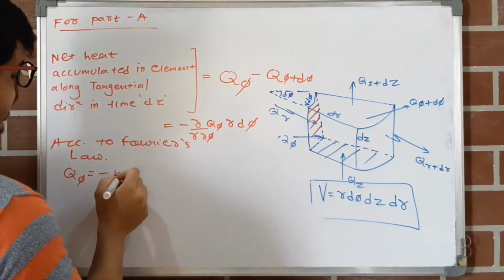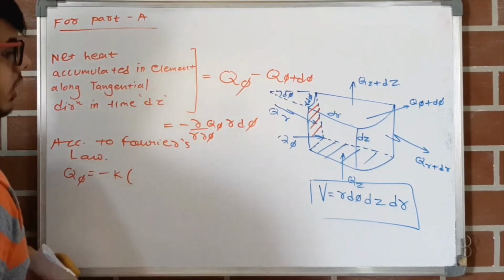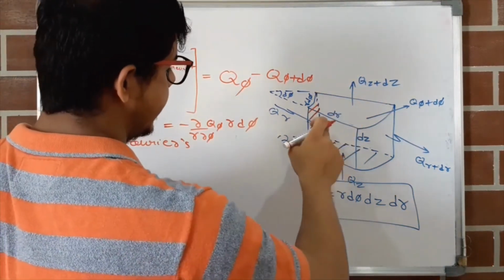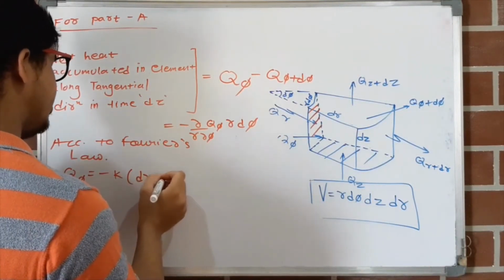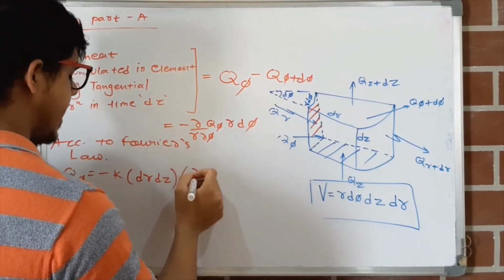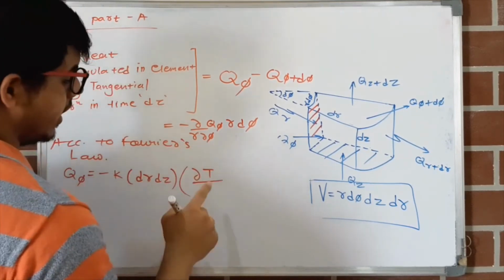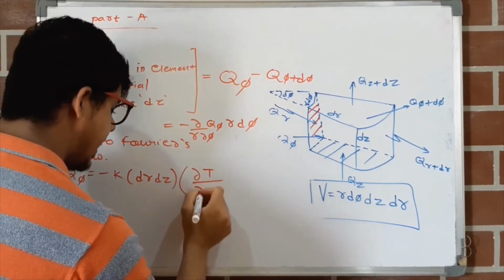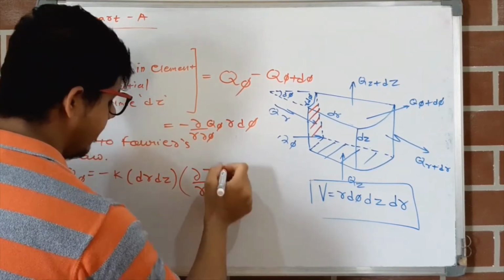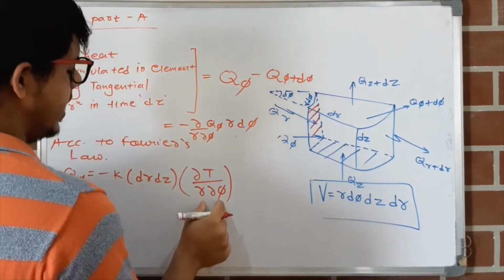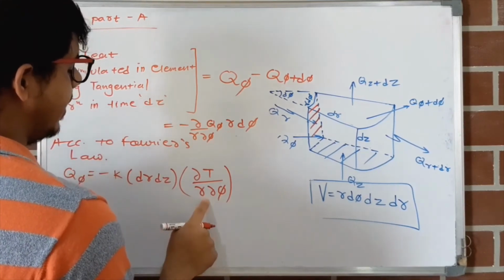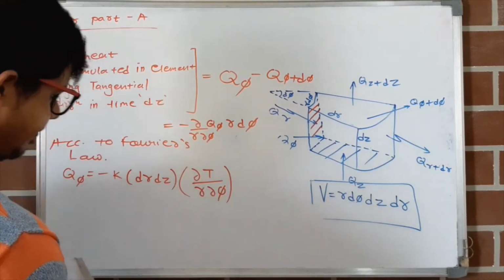Area along this circumferential direction is dr into dz. So area is dr into dz into del t by, now again here R into del phi will come. Okay, so this small thing we have to remember, in denominator again we will have R into del phi.